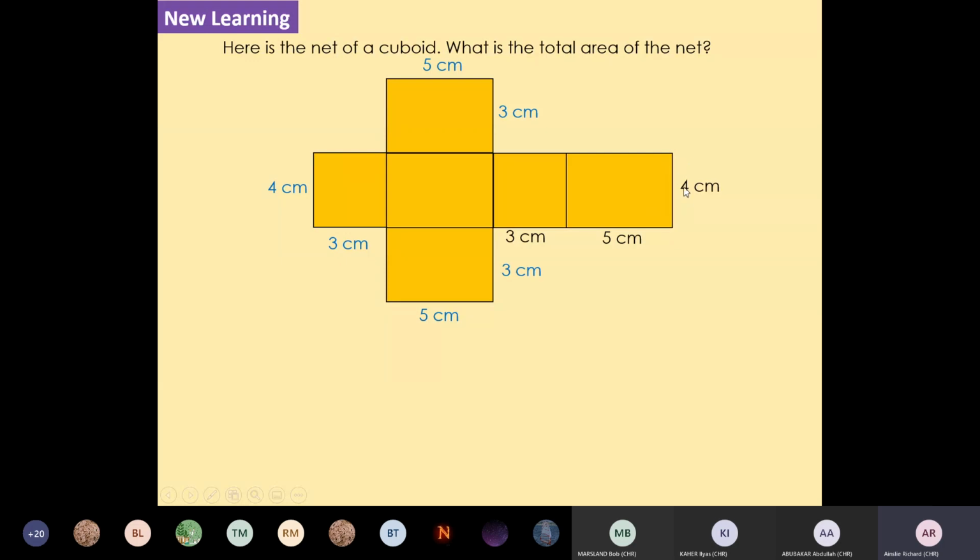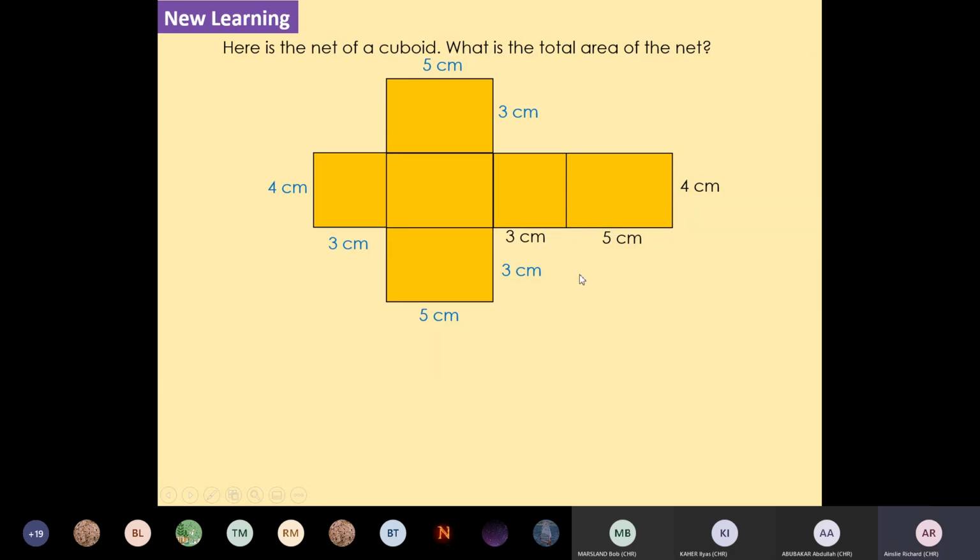So if this is 4 here, all these lengths going across here will also be 4. If this one's 3, the one that's going to meet up with this side is going to be 3. That'll be the same edge of the cuboid that we're thinking about from last week with edges, vertices, and faces. And every single one of these widths would be 5 as well.